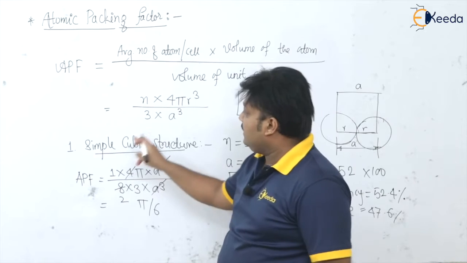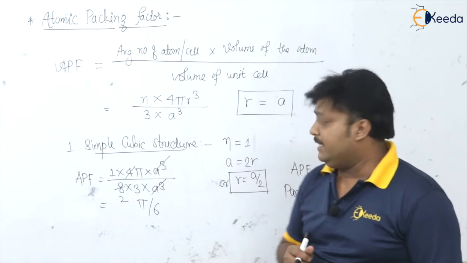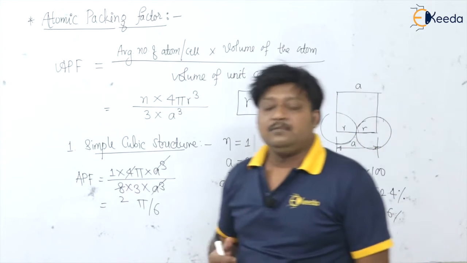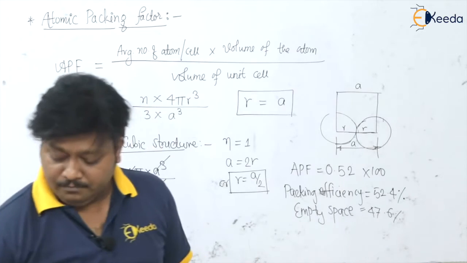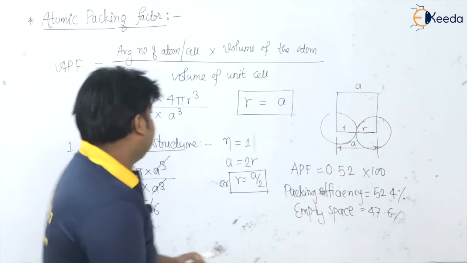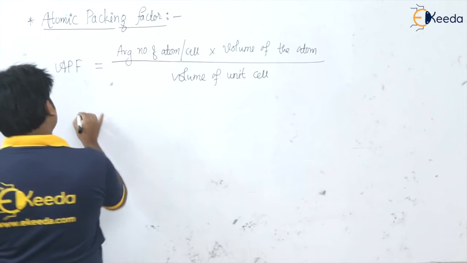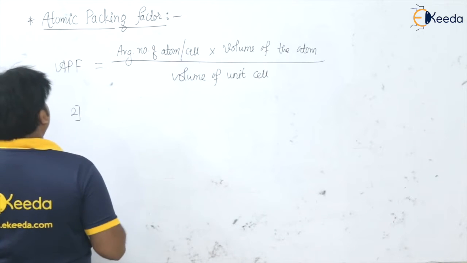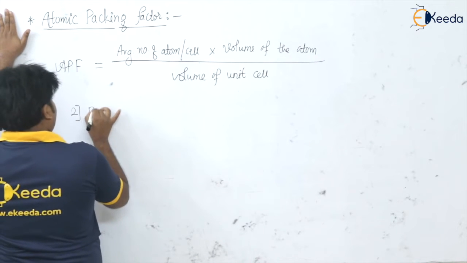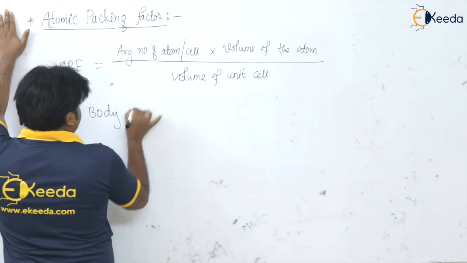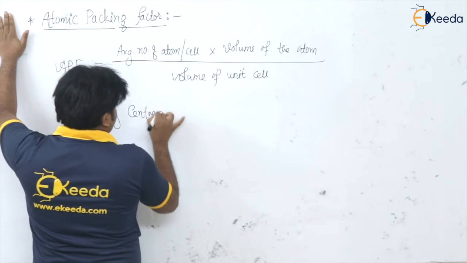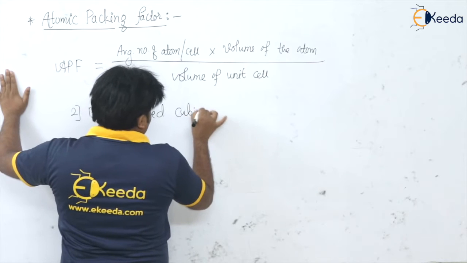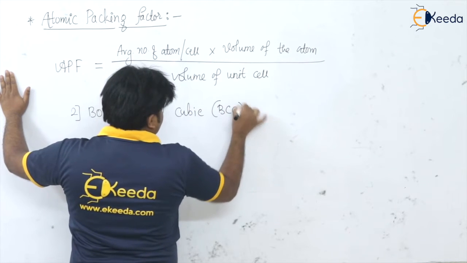So first we calculated it for which one? Simple cubic structure. Now let us calculate for the body centered cubic structure. So second one is we will find out this packing factor for body centered cubic structure, that is for BCC.